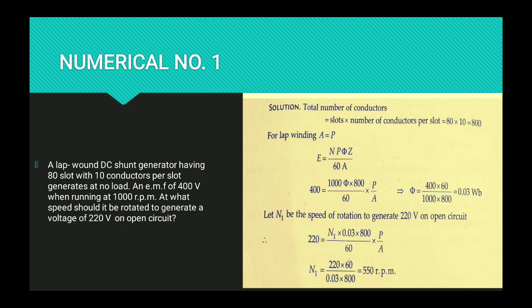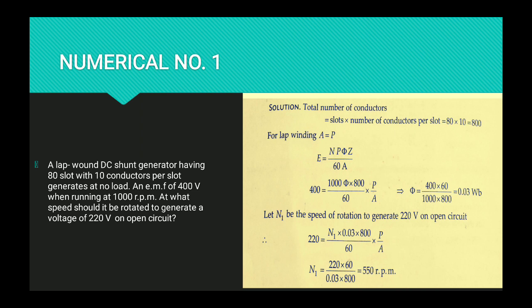And for lap winding, we know that the parallel path, that is A, equals P. The parallel path means the conductors present between two brushes. So in case of this generator, A equals the number of poles, or A equals P.